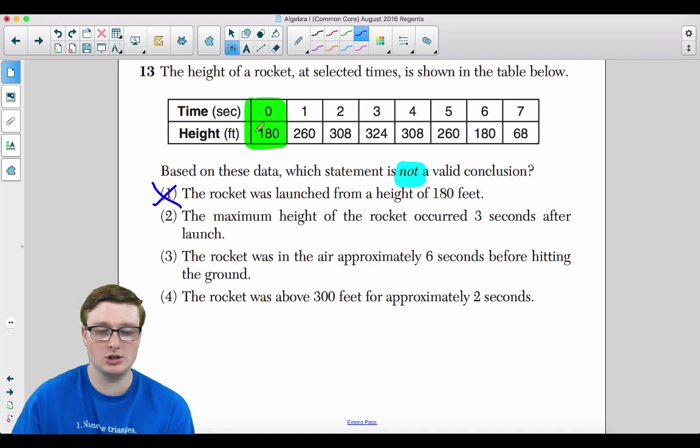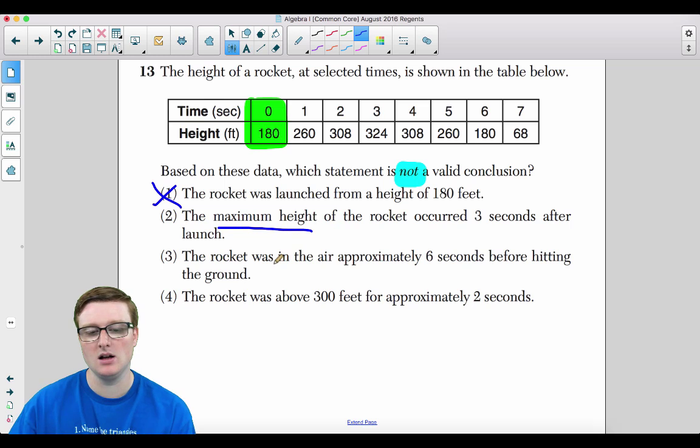We're not so sure. Choice 2, the maximum height of the rocket occurred 3 seconds after launch. Okay, so 3 seconds after launch, its height was at 324 feet. Yeah, that's the highest point on this table, because that is definitely the highest value. So that's true.